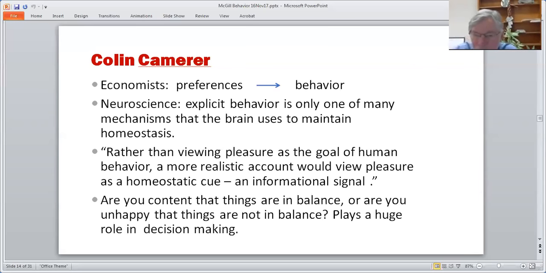So Camerer's written a lot about consumption as being just another mechanism to achieve homeostasis. He says, rather than viewing pleasure as the goal of human behavior, a more realistic account would give pleasure as a homeostatic cue and information signal. So, are you content that things are in balance, or are you unhappy that things are not in balance?